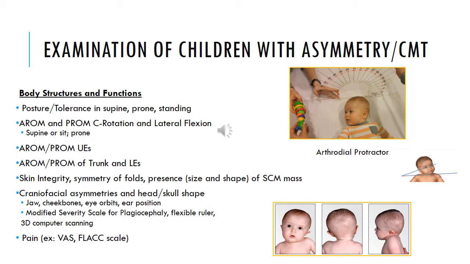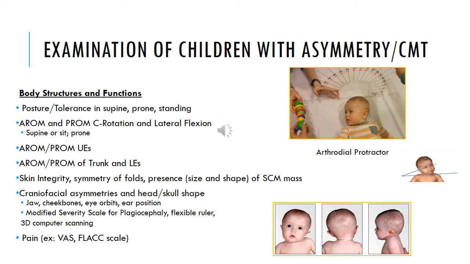Passive range of motion for both cervical rotation and lateral flexion can be measured using an arthrodial protractor. You can see how that might look as demonstrated to the right in the picture. Approximately, you should expect about 110 degrees of rotation and 70 degrees of lateral flexion in the cervical spine for an infant.